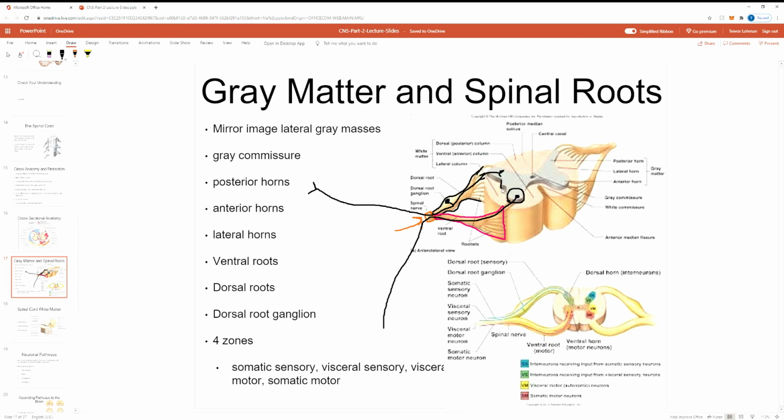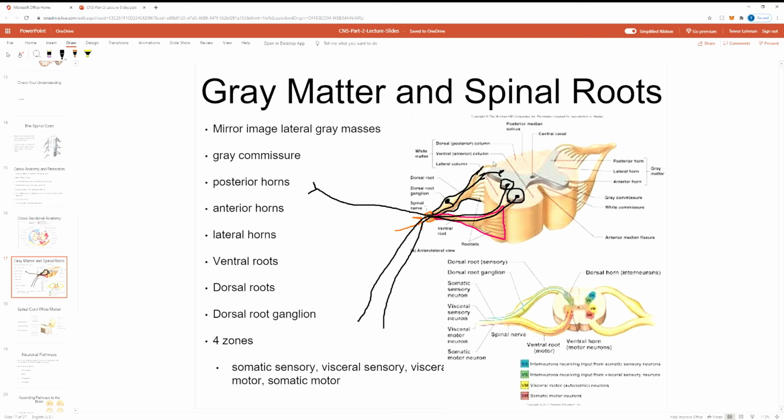The lateral horn contains visceral motor neurons, cell bodies that innervate cardiac muscle or smooth muscle or glands, and then they send an axon out the ventral root. That's the only path it can take.